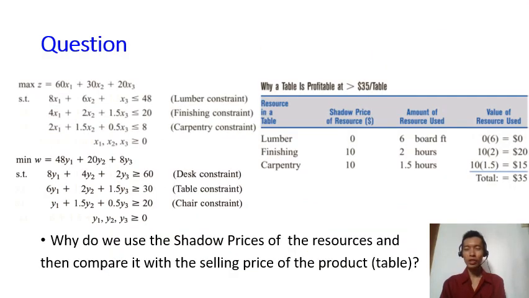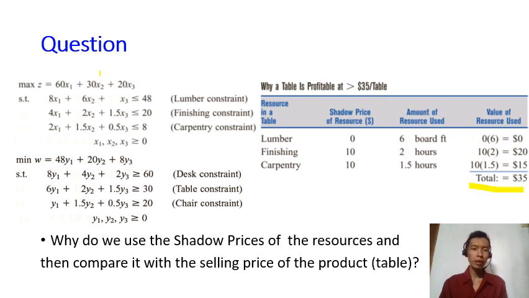Okay, here's a question. You have seen that to determine whether a table is profitable or not, we use shadow price. We multiply it with the amount of resources used to produce a table, and we know that the total value of the resources to produce a table equals $35.